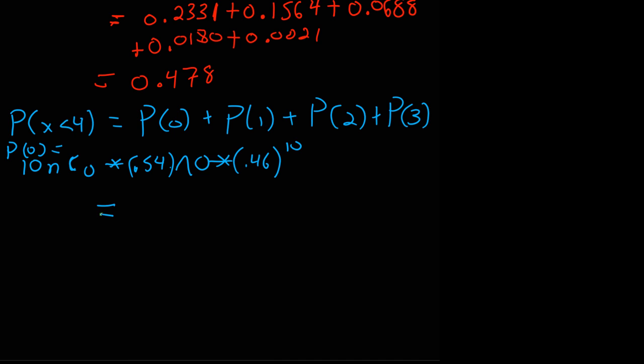So if I go to my first one, let's see here, where is it? 10 NCR 5. I want to change the 5 to 0 times 0.54 to the 0th times 0.46 to the 10th. And that gives me 0.0004.